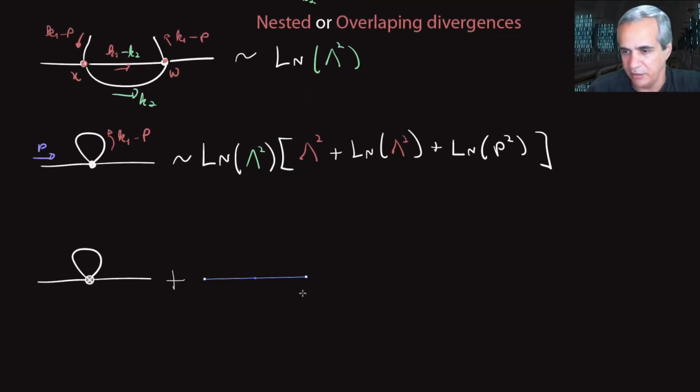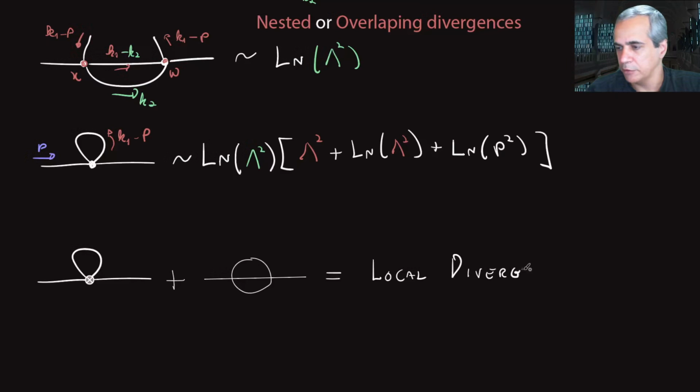Too many things there. So the sum of these two only contains local divergences. So the non-local ones are eliminated by using the counter term in this kind of diagram.